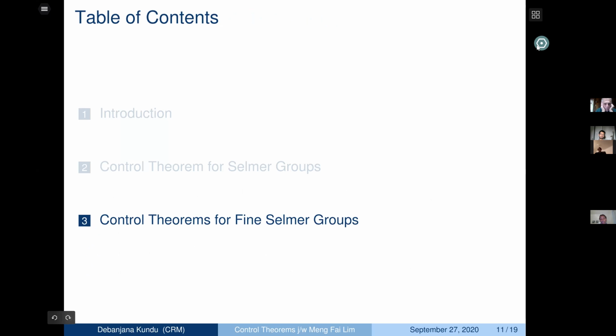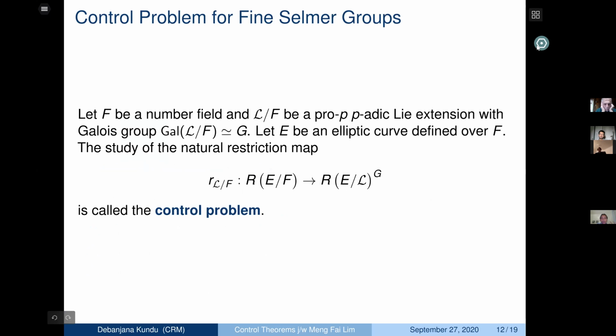Now there's an analogous control problem for fine Selmer groups. So it's the same problem. You know that the map from the fine Selmer group to the G-invariants of the fine Selmer group over the infinite extension is not going to be an isomorphism, so you want to understand the kernel and the cokernel.